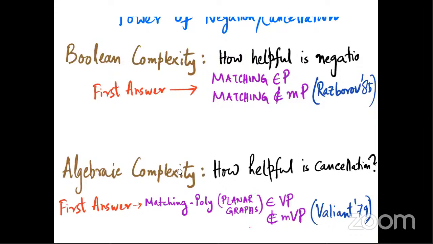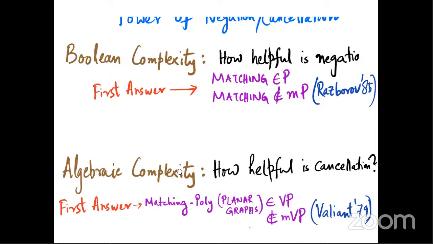So if my graph is a planar graph and I look at the matching polynomial of this planar graph, you can show that this can be efficiently computed. This polynomial is non-negative, so it's monotone. All its coefficients are non-negative. But if the graph is planar, then using the computation of the determinant, you can actually show that this can be efficiently computed. So it uses cancellation.